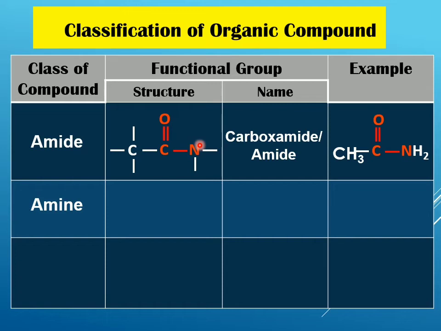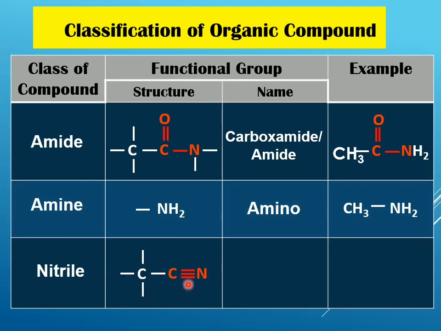And for amine, this is when your organic compound has the NH2 functional group. So the name is amino. For example, methanamine. And for nitrile, it contains a C triple bond to N as a functional group. So the name of the functional group is cyano group.